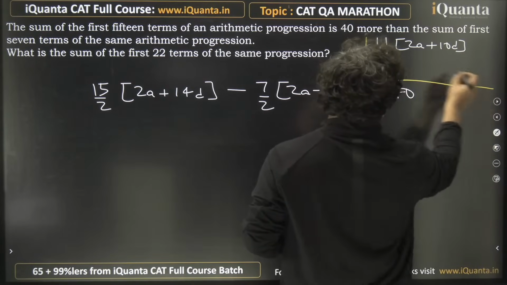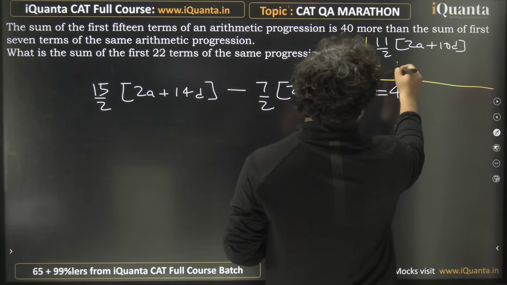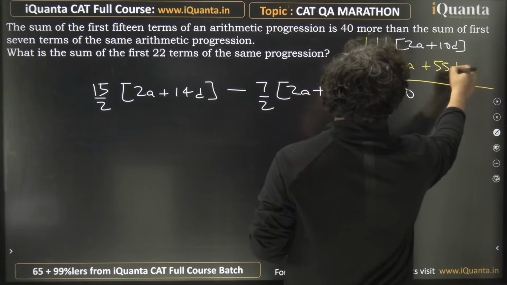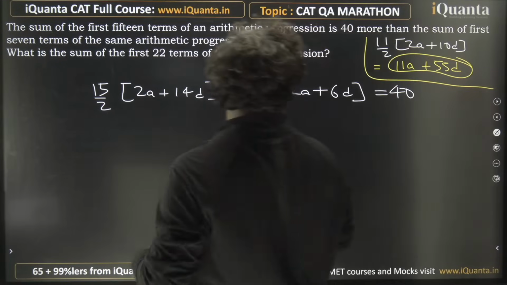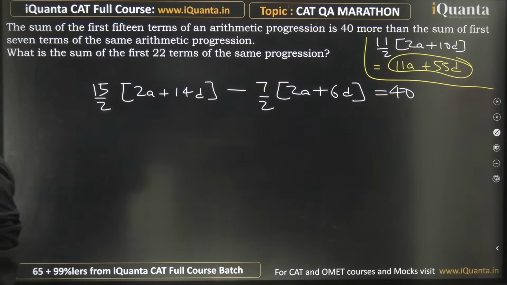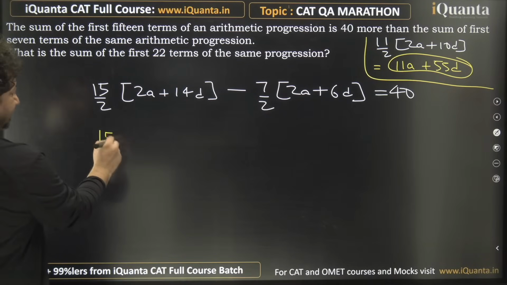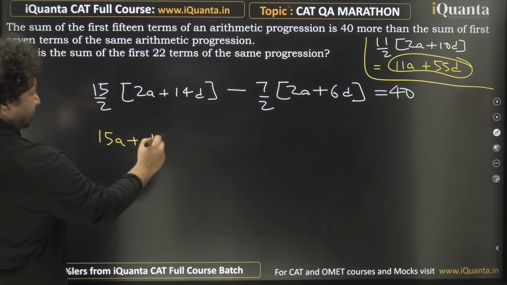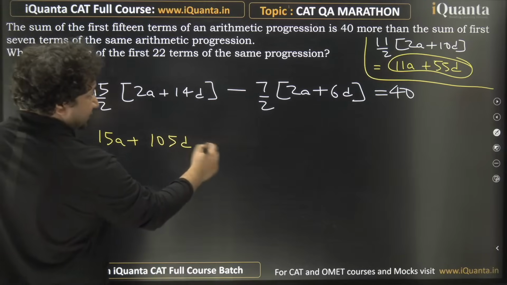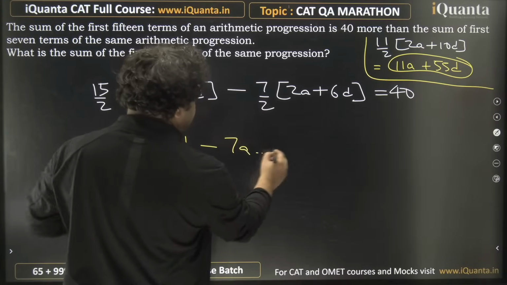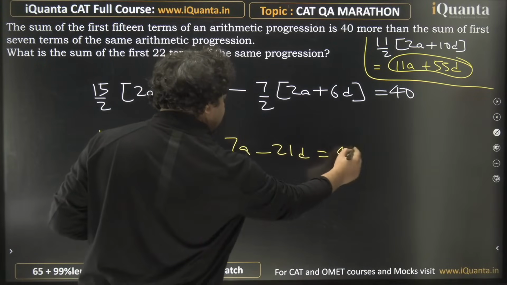Or we can also write, we need to find 11a plus how much? 55d. That is what we want to find now. What is there to solve in this? 2 got cancelled. We have 15a plus 105d minus 7a minus 21d. Right?